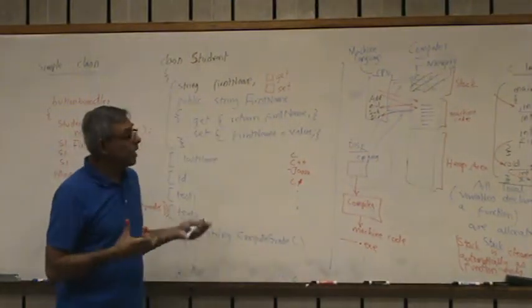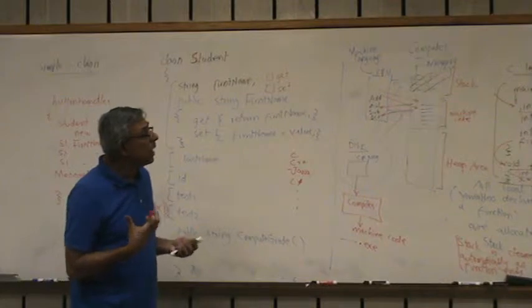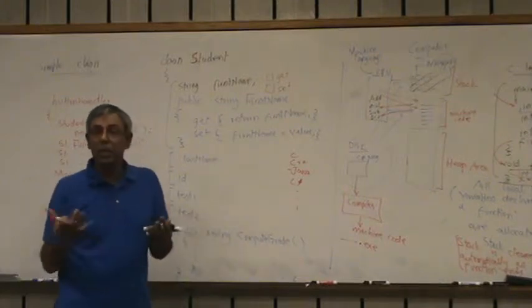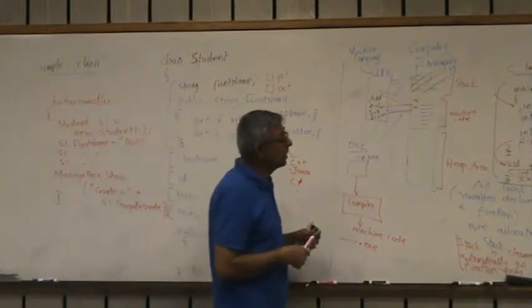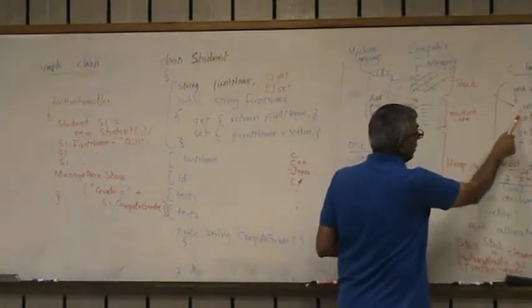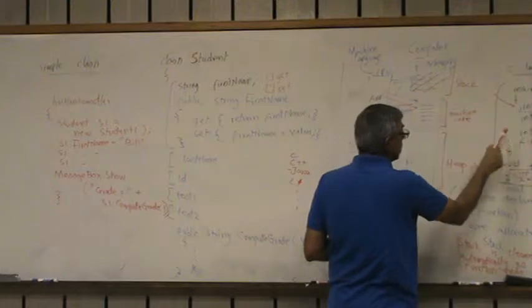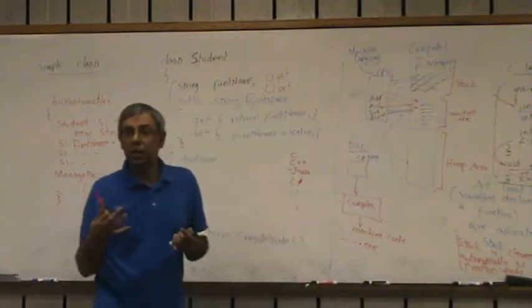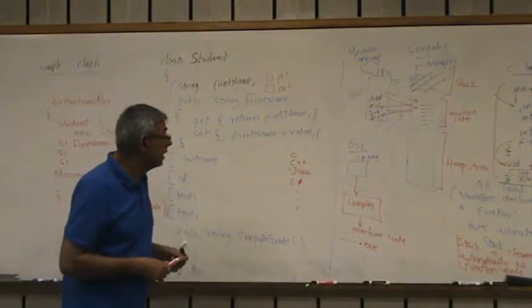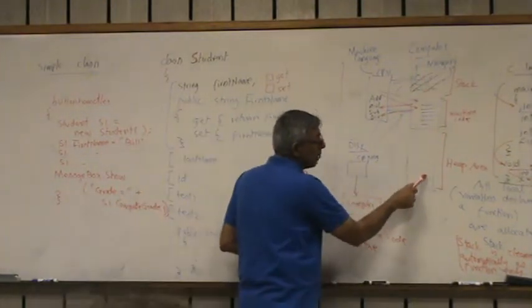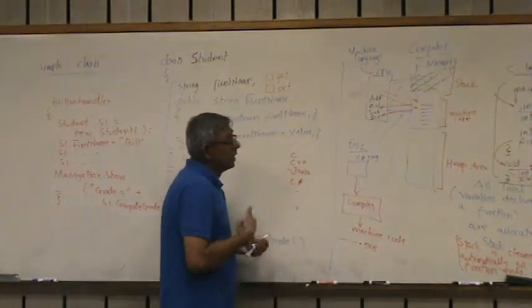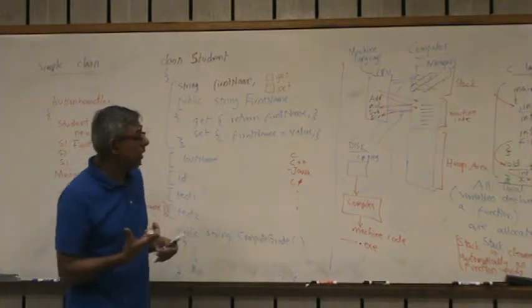Now stack you already saw. You as a programmer do not have to worry about the stack. You simply declare some variables. The computer will automatically allocate memory. Once the function ends, it will automatically remove that memory. So it's automatic, right? So what's the purpose of the heap, and how can we as a programmer use the heap?